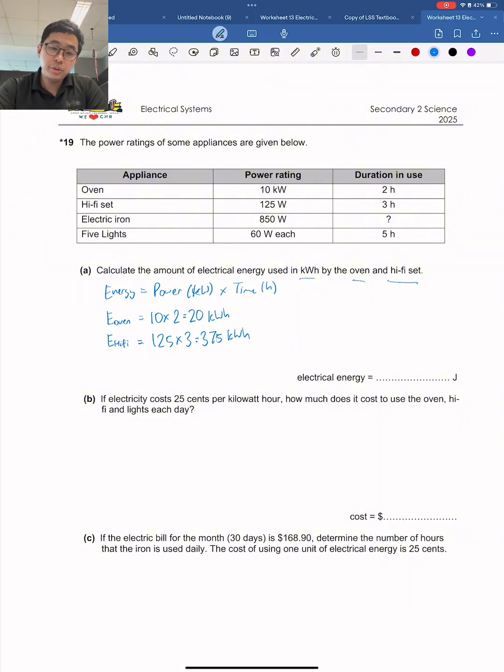So the total amount of energy used by the oven and the hi-fi set is 375 plus 20 equals 395 kilowatt hour. You can leave it in 2 dp or 3 dp, so the answer will either be 395 kilowatt hour or 400 kilowatt hour.